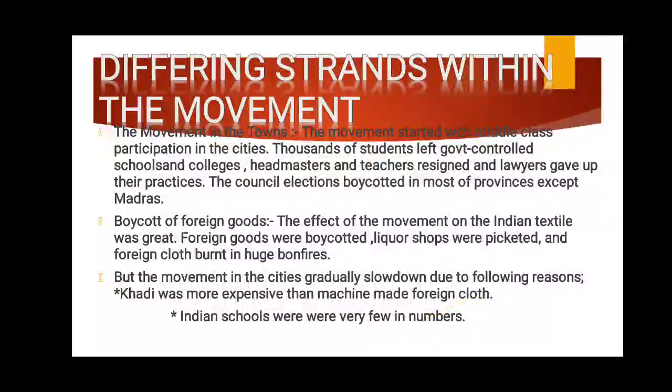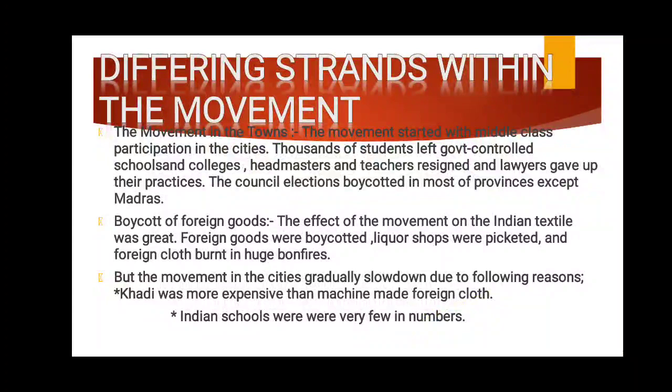But when he started the non-cooperation movement in India, in different places different people took the movement in different ways. Under the heading differing strands within the movement, we will first study the movement in the towns. The movement started with middle class participation in the cities.